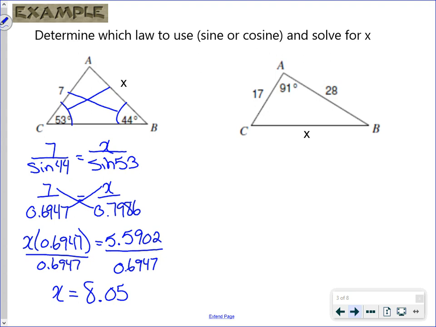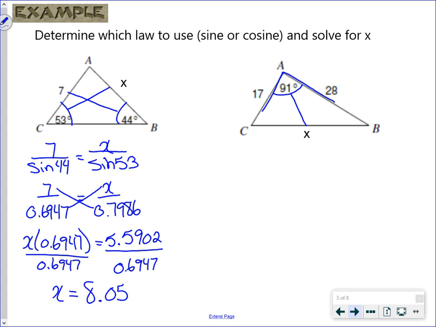Okay, for the next example, we have two sides and the included angle. So side 17, the included angle of 91, and then side 28. And we're looking for that opposite side. Because of the side angle side that we've got, we will use the cosine law.